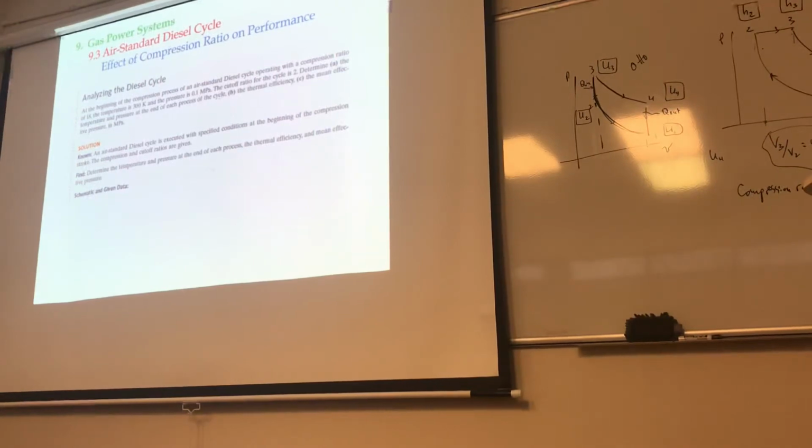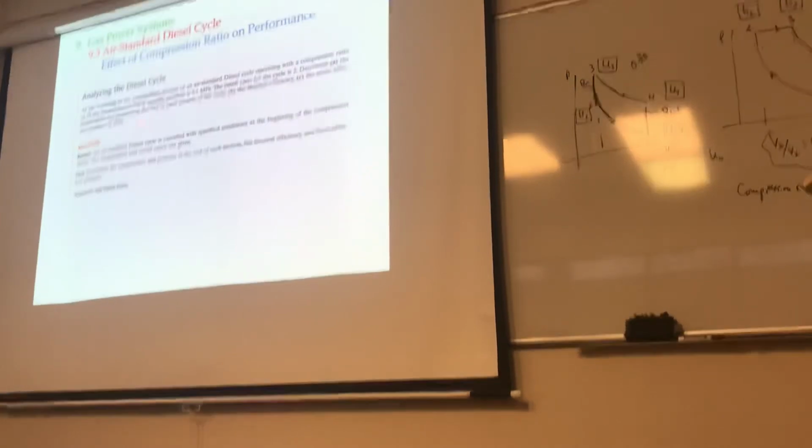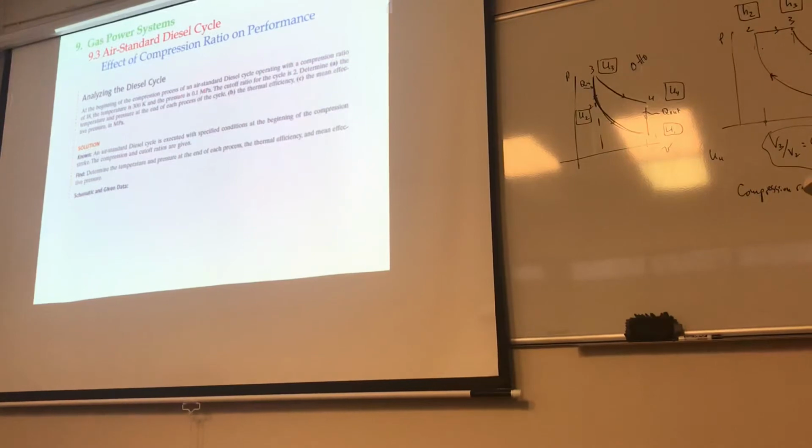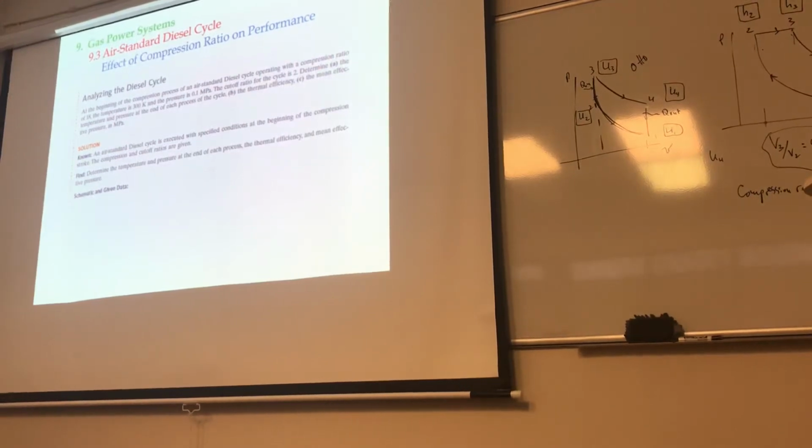And you have to study these two examples, by the way, example 1 and example 2. At the beginning of the compression process of an air standard diesel cycle operating with a compression ratio of 18. So when they give you compression ratio, you know what that means, right? It's this volume divided by that volume.